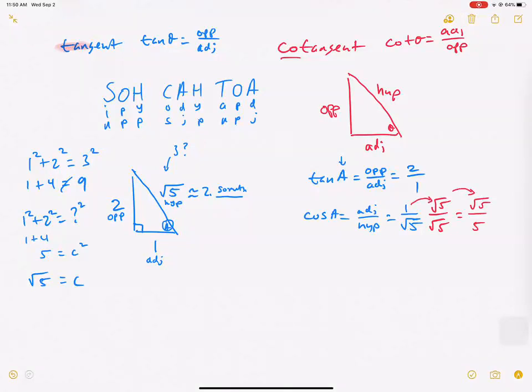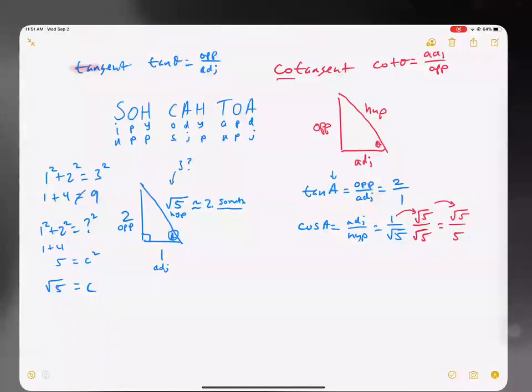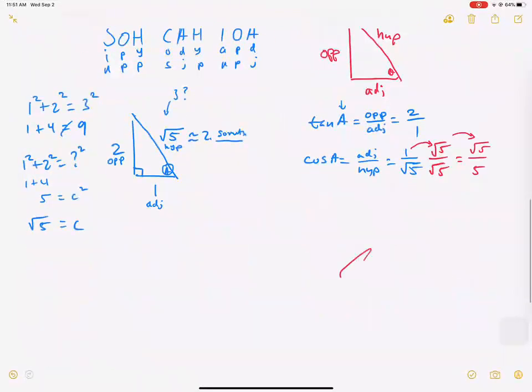And square root of 5 times square root of 5, remember, square roots look for pairs, and I do have a pair of 5s, so we can just write this as 5. Okay, let's keep on going.